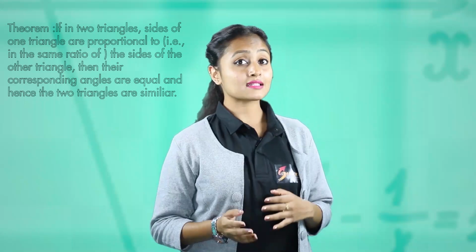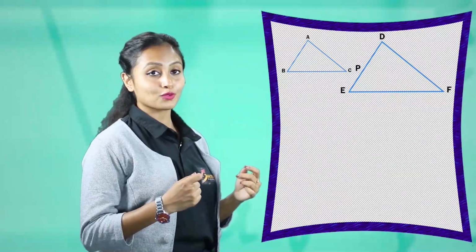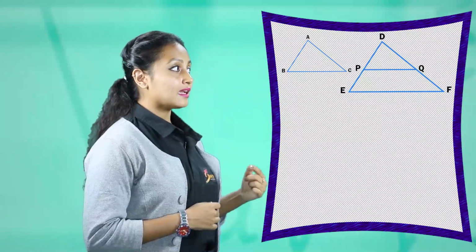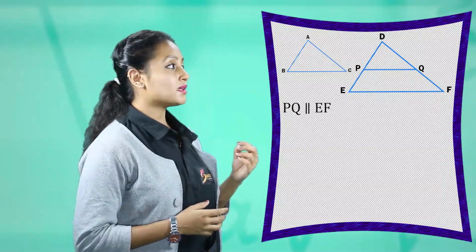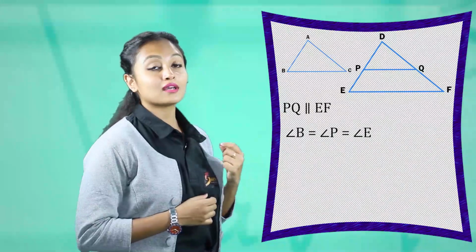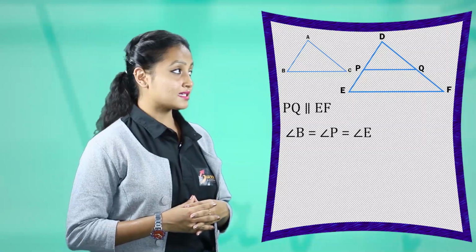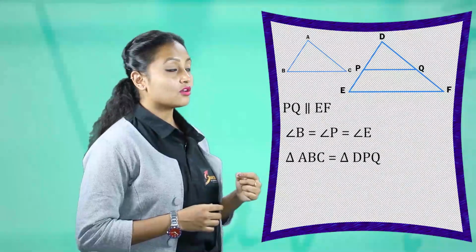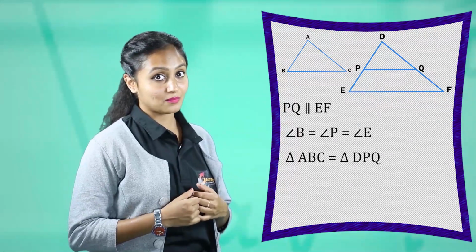So now let us consider the same two triangles which we talked about in the previous theorem: triangle ABC and triangle DEF, with P and Q on DE and DF respectively. We had learnt that PQ is parallel to EF and angle B is equal to angle P is equal to angle E. With this, angle ABC of the triangle is equal to angle DPQ of triangle DPQ.